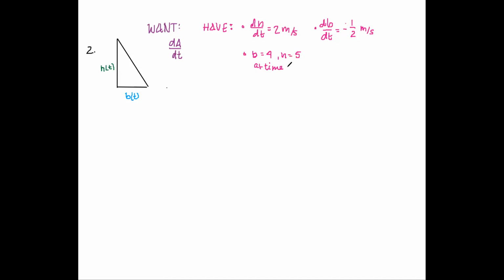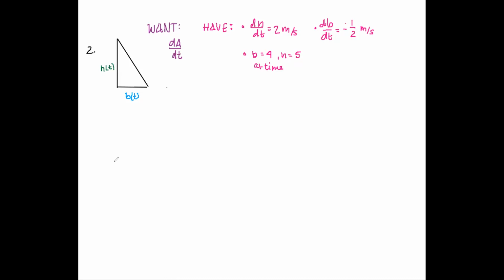Right. So, what equation should I be using? Well, I guess the Pythagorean theorem. How would the Pythagorean theorem help me? Well, so hold on. We want dA dt. Are we going to try and find the area of the triangle?